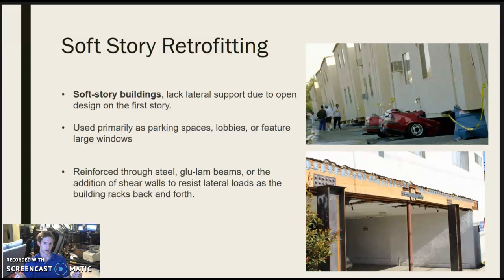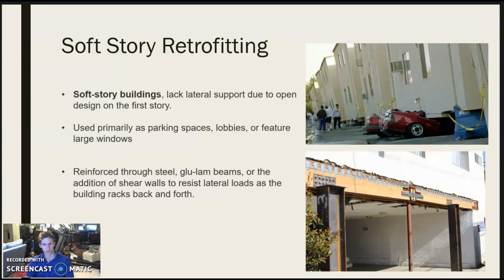This is problematic because it doesn't really include a lot of lateral support for the first story, and if an earthquake occurs and these in-place systems fail, the entire building will pancake on itself and, like in the picture, crush everything, which you don't want to be under. So, to retrofit this, you need either glulam beams or steel beams, and then the addition of shear walls to help resist this lateral force.